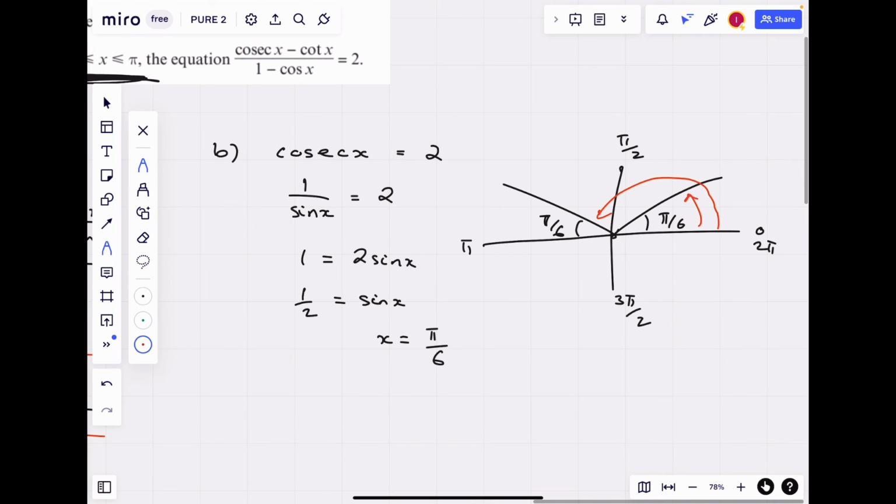That's solution 2. To get solution 2, we're doing pi minus pi over 6, which is 5 pi over 6. That's the second solution. And there you go. That's how you use sec, cosec, and cot in trig identities.